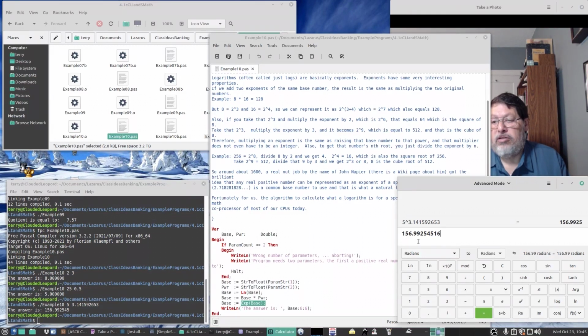Fairly close. They may be using less than double length floats, which I have used here.